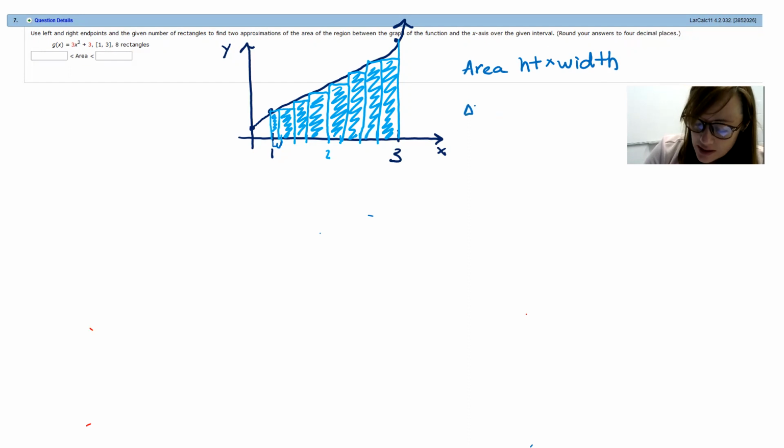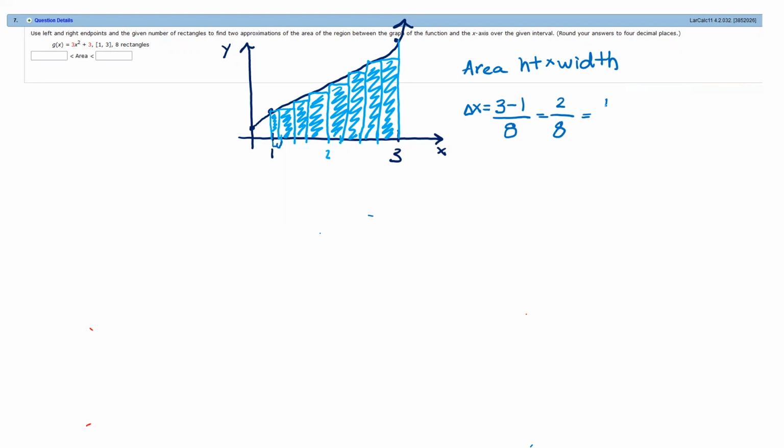We're going to call that delta x. And so the space between each of these rectangles is going to be the length of the line divided by the number of rectangles, 8. If we put an even width in between them, we would have 3 minus 1 divided by 8. So 3 minus 1 is the length of the line. And then we want to divide it up into 8 segments. So we get 2/8.